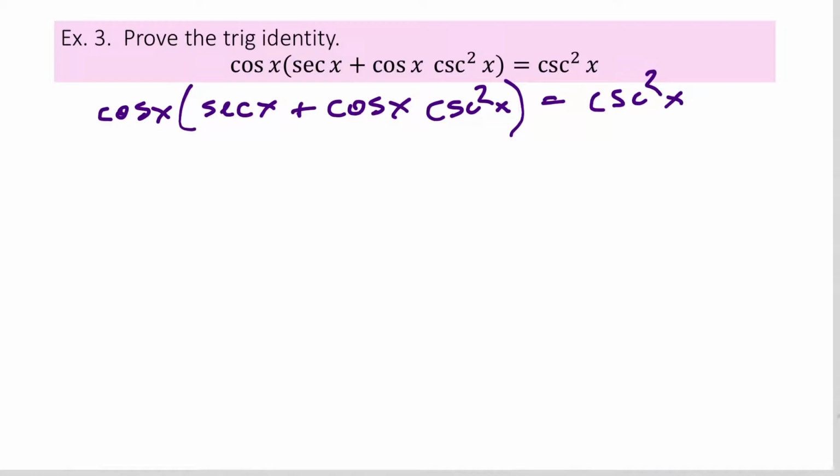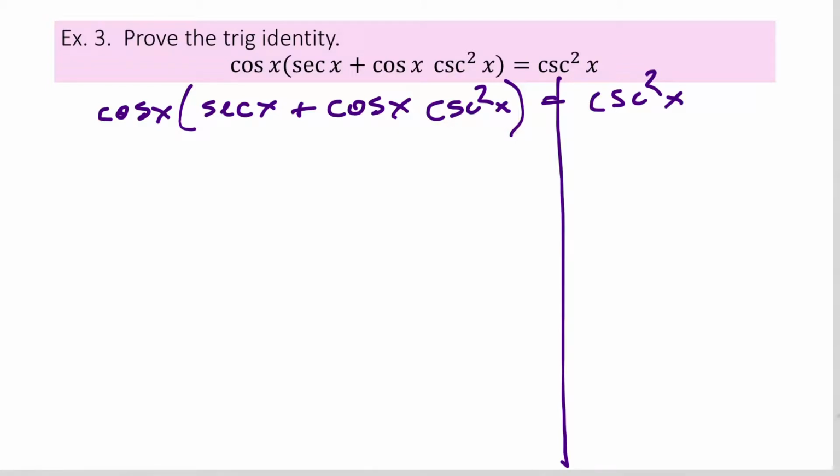All right, so this one's a little bit more involved. So I'm going to draw a line to remind myself that I cannot do anything on that right-hand side. So I'm going to attempt to transform this side to look like this when I get down to the last step. So I'm going to go ahead and carry out this distributing here.